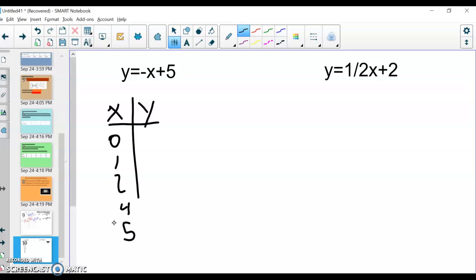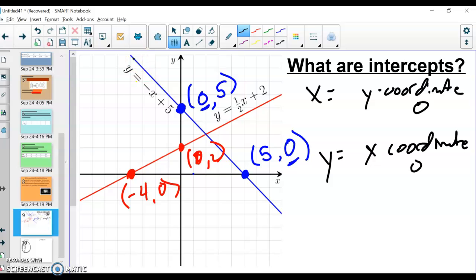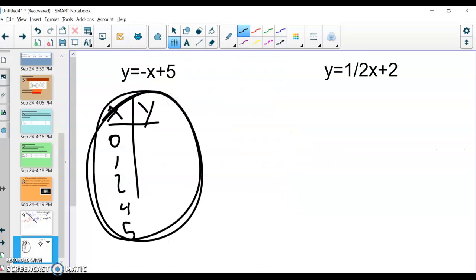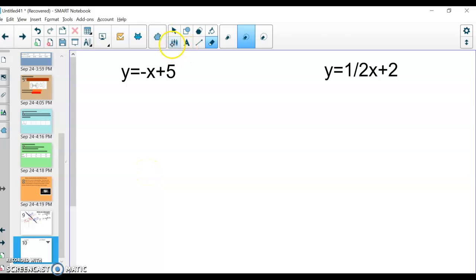Eventually we're going to take the numbers in this table and make lines like you see here. But for now, we're just practicing solving them using tables.